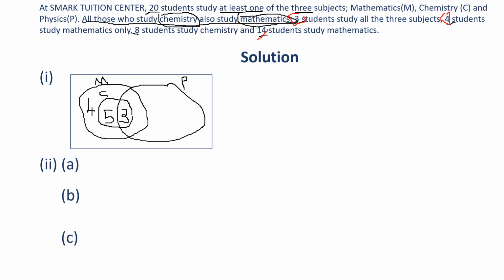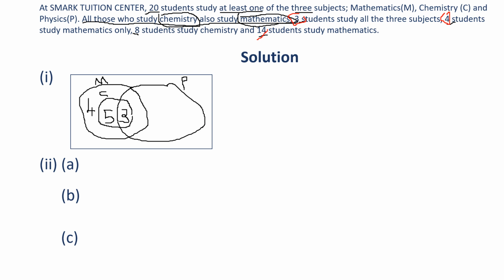Everyone in mathematics, when you add, the total should be 14. So when you add 4 plus 5, 9 plus 3, you have 12.